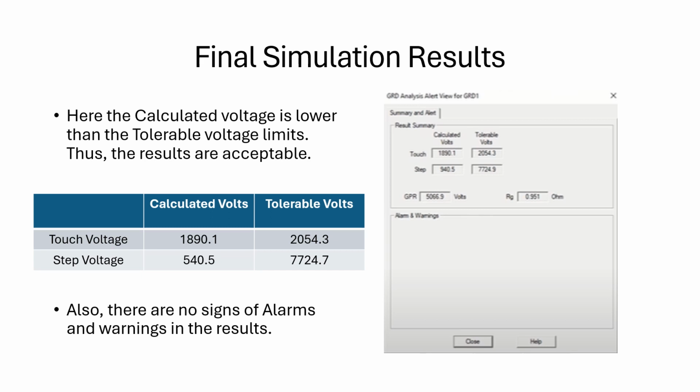It will make our design perfect. There is also no indication or alarm which we have to clear. So it means our design is perfect as per the standards and specifications given.